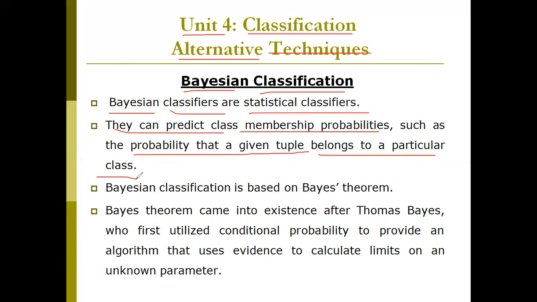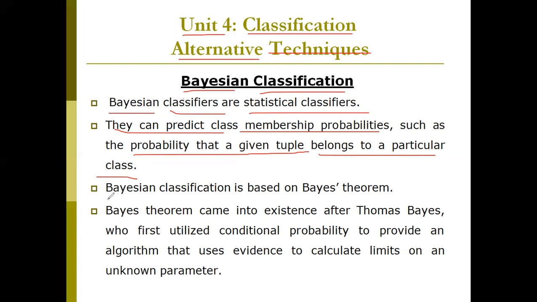Here also we are going to do such calculations, but in Bayesian classification we would know the probabilities for each and every value of a given attribute. Now we are going to calculate the probability for each and every value under an attribute.